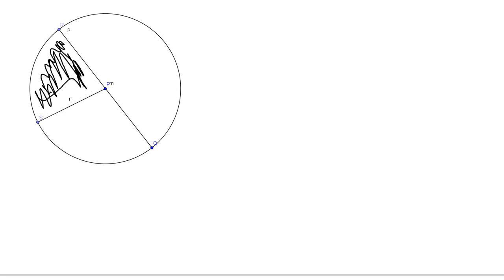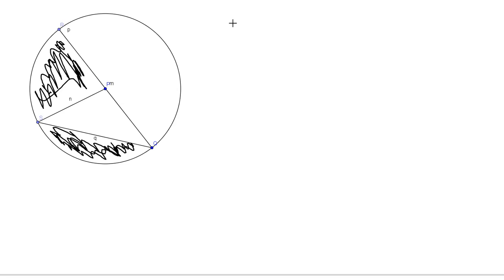But if I draw the line here between S and Q, then the one that we're talking about now, this area, is called the circle segment.